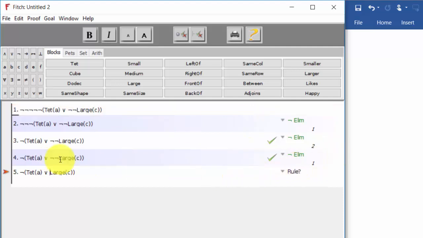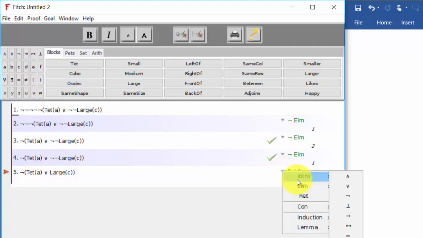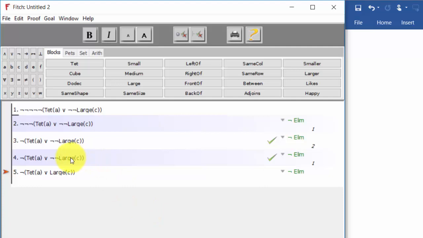However, you'll see that when we try to apply that rule, it doesn't work. So we can't apply the rule to double negations that are within a complex proposition. We can only use them on a proposition that's being doubly negated.